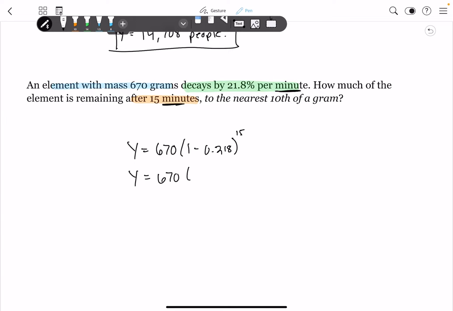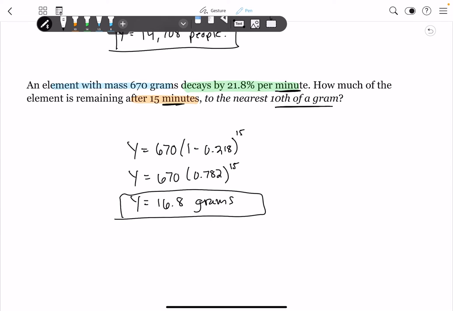Just a little bit of simplification. And then it's ready to go into the calculator. Go ahead and pause. Round to the nearest tenth. Should get 16.8 grams.